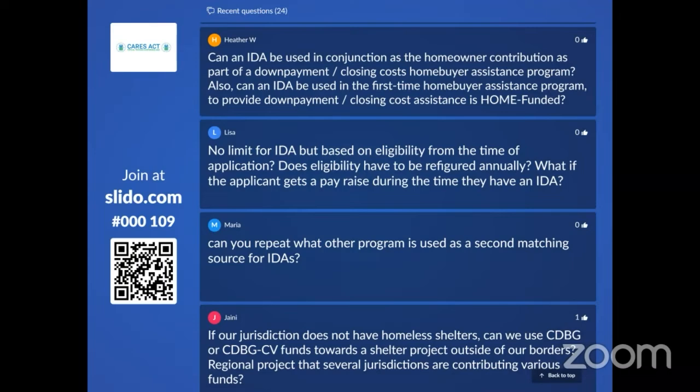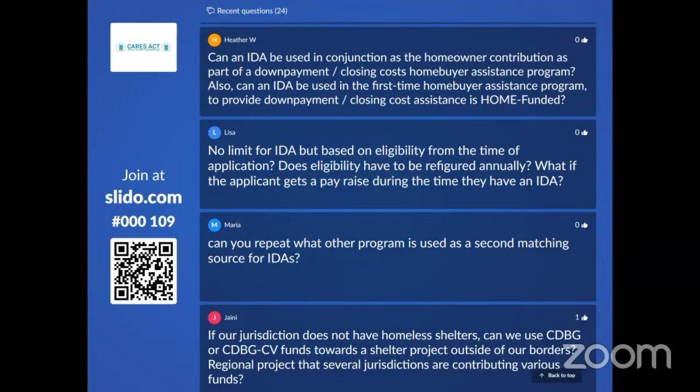An IDA can be used also for education, and it can also be used for economic development for starting a business. So it would have to be clear that if a person has more than one IDA, let's say they want to go back to school, that they have a separate one for education, that's different. That's a public service. But for buying a house, that's 201N. So yes, it can pay the down payment and the closing costs and so forth.